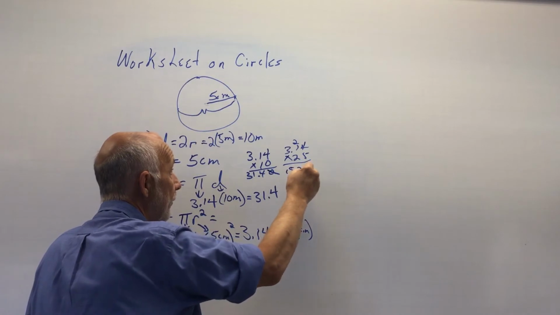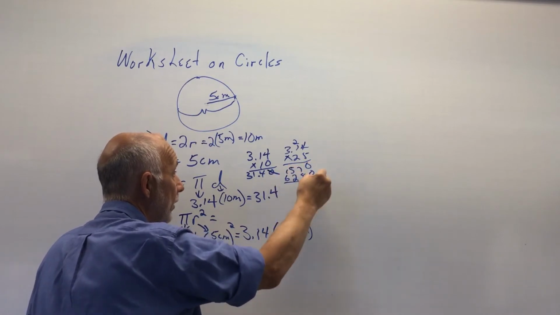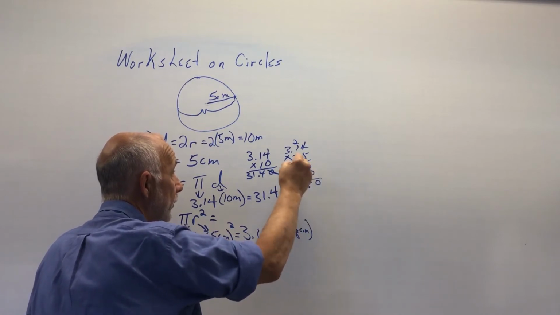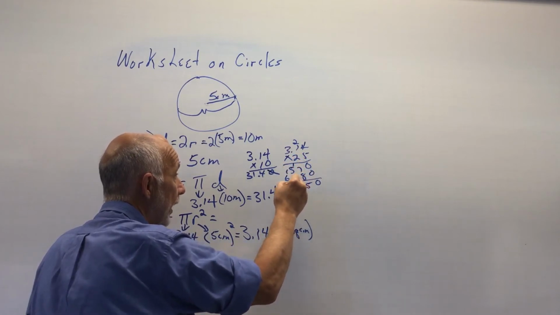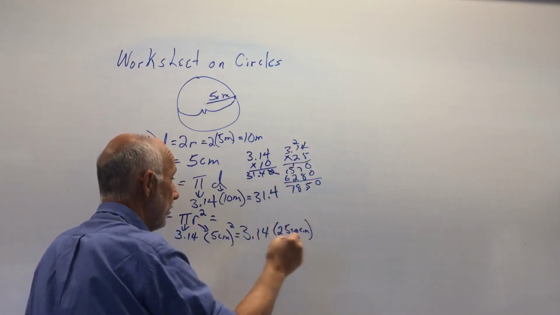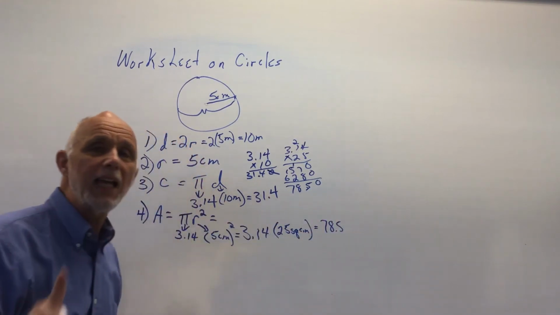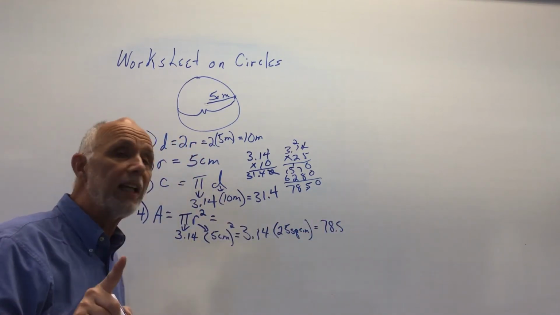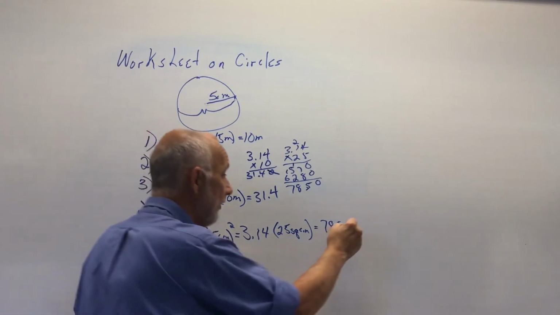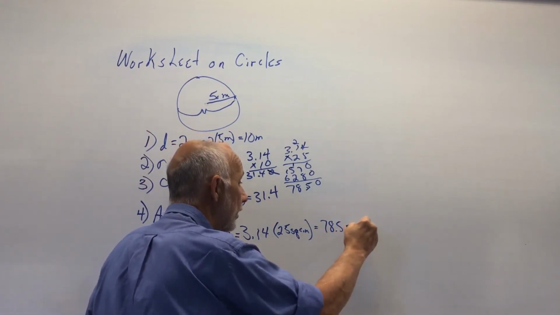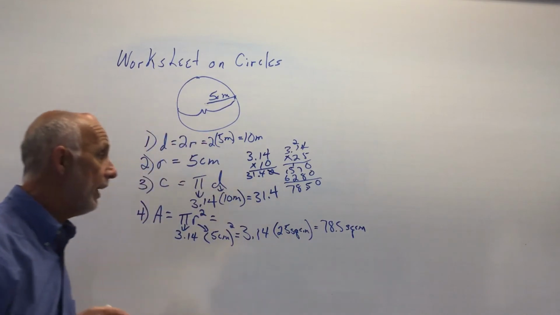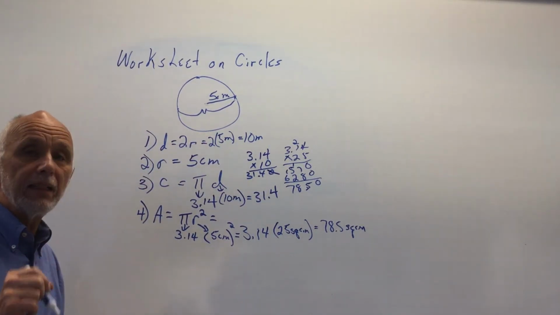And again, I'm not worried about you knowing how to do the work because I'm assuming that you'll have a calculator. But the answer comes out to be 78.5, but not centimeters, and not just 78.5. It's 78.5 square centimeters. And again, no naked numbers.